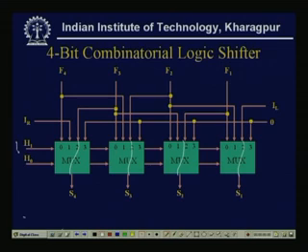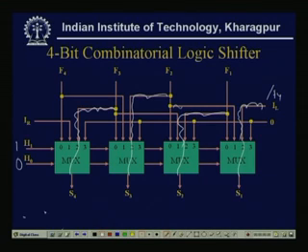If the select line is 1 0, then the second input is, see, F3 is passed to S4. Similarly, F2 is passed as S3, F1 is passed as S2, and an input IL, just like the right shift, it can be F4 also, that can be fed to S1.